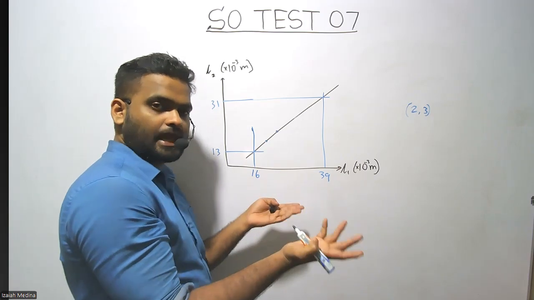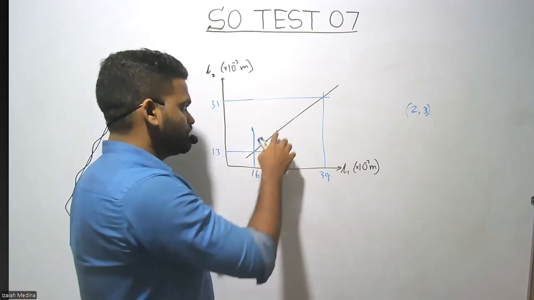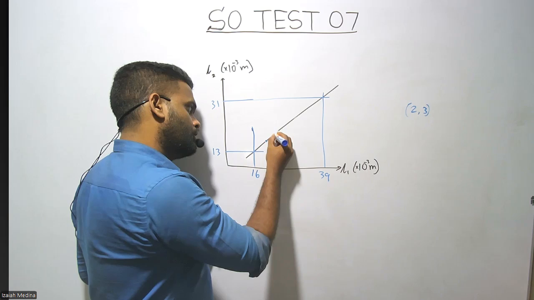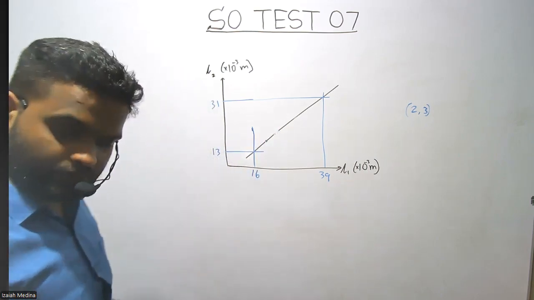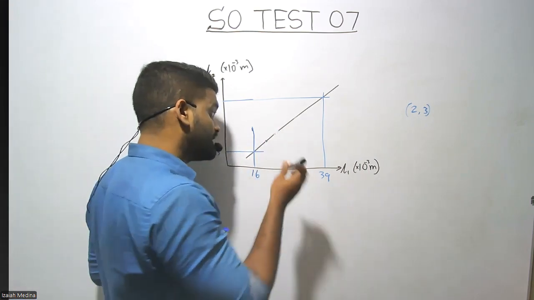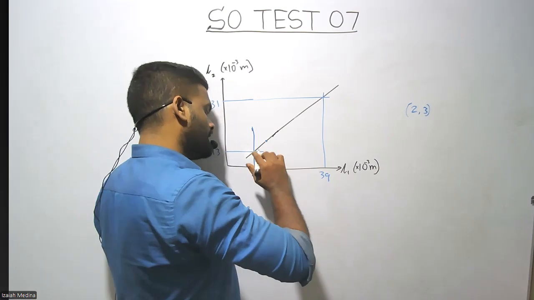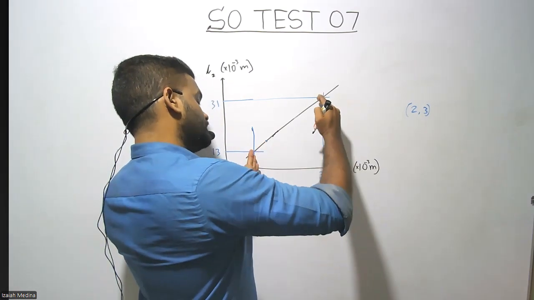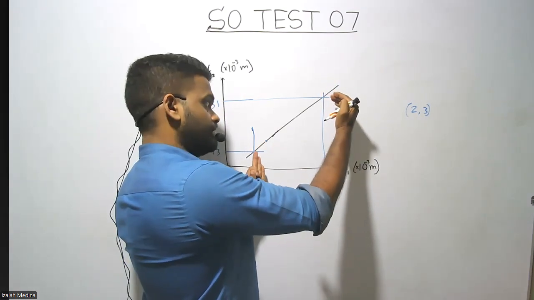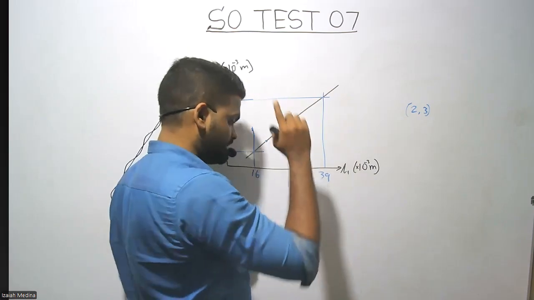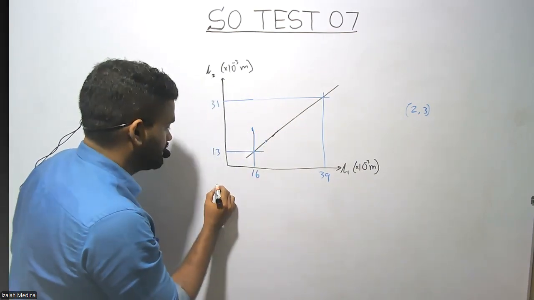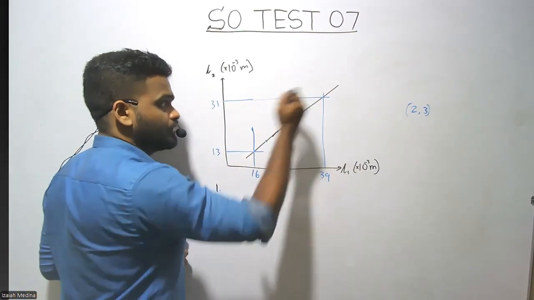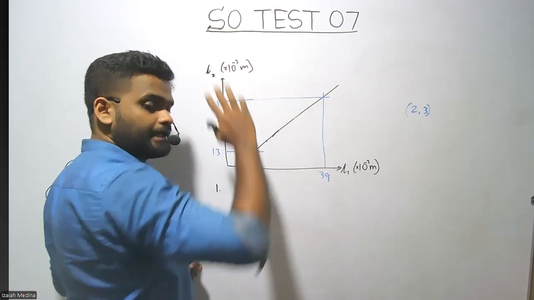So it is less accurate. Therefore, in order to find the gradient, you have to get two coordinates that are furthest away from each other. That's the first rule. Those 2 points represent the whole set of data for the experiment.